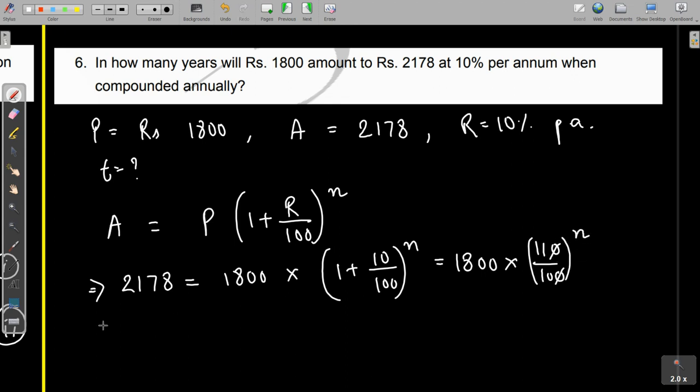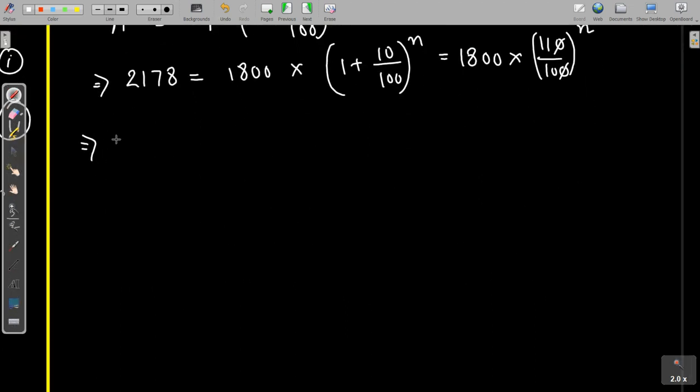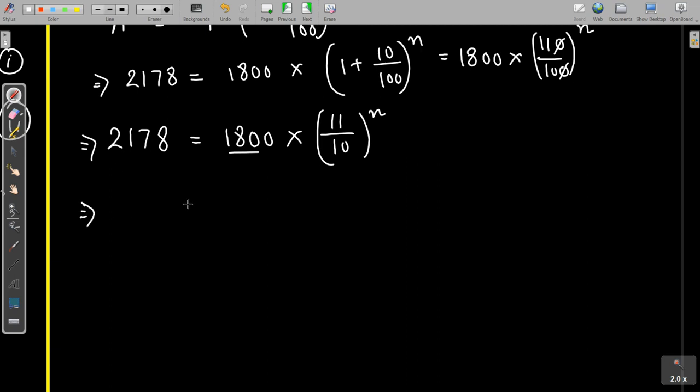So we are left with 2178 equals 1800 multiplied by (11 by 10) to the power n. Now on dividing both by 1800, I would simply get 2178 upon 1800 on one side and (11 by 10) to the power n on the other.